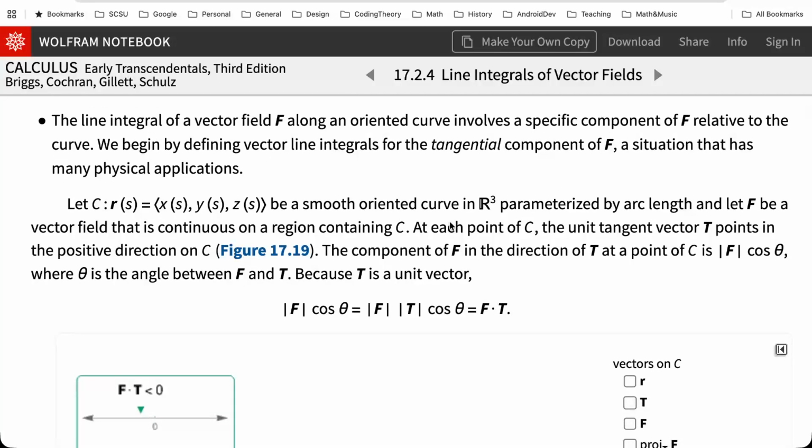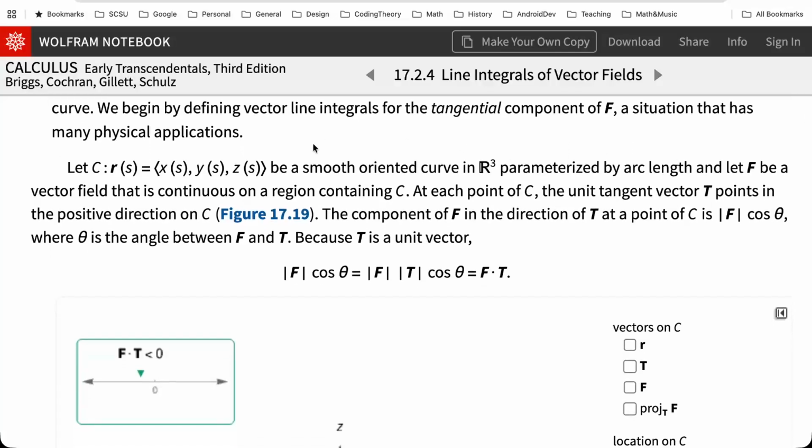So what are the ingredients here? You have a curve C with an R of S in it, right? I think we're going to want to say R of T in a minute, but still the X, the Y, the Z coordinates are all functions of arc length along the curve. And F is a vector field, just arbitrary, right? Any old vector field that's defined on a region that contains the curve C. So look, at each point of C, there's a unit tangent vector.